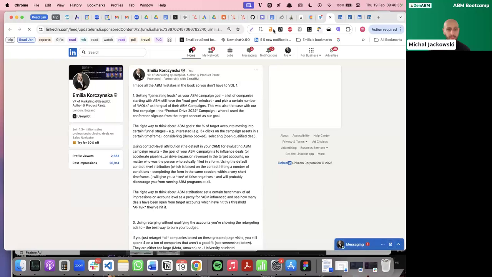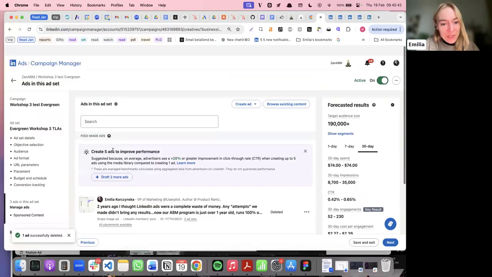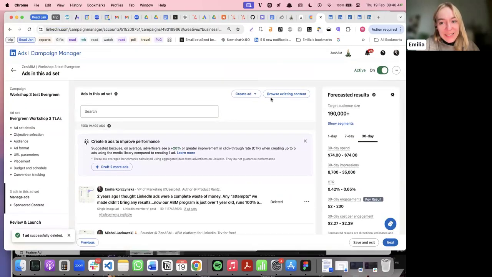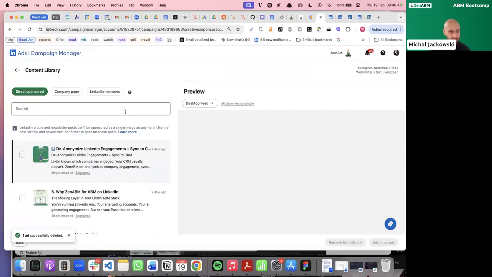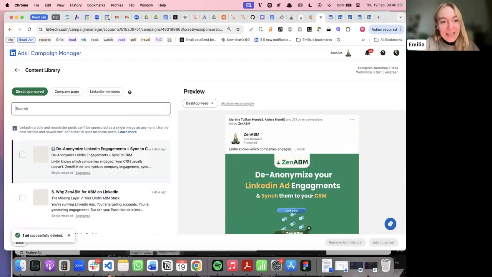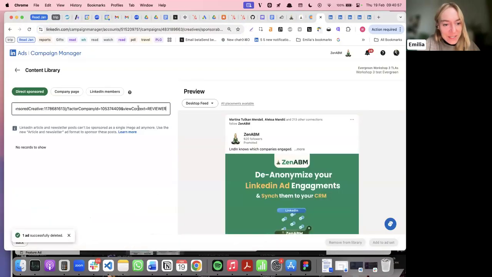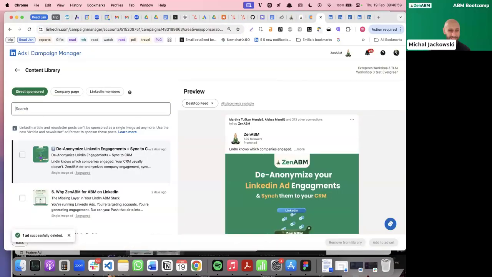Can't you grab the URL here and put it then? Not that I'm aware of. What would I do with the URL? Browse existing content, and you think you would find it? Sorry, I was mistaken. Let's try it. I've never done it like that, so I don't think it works, unfortunately.